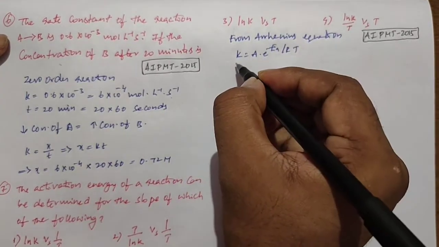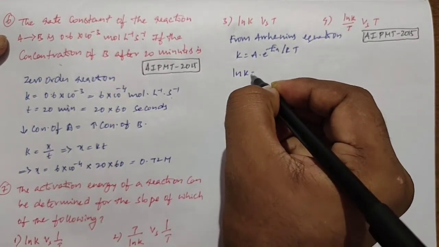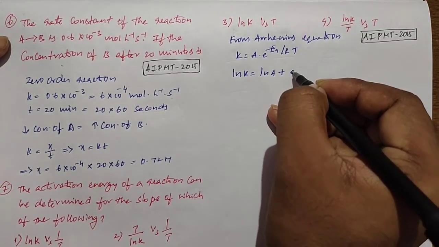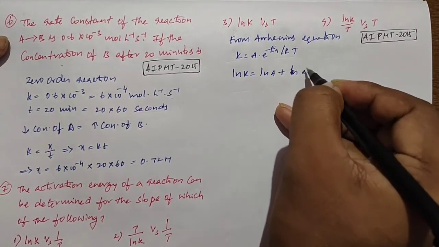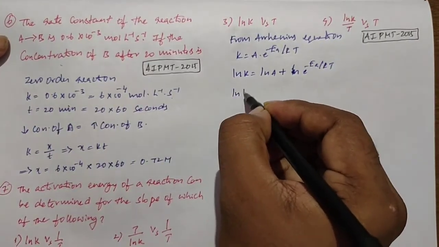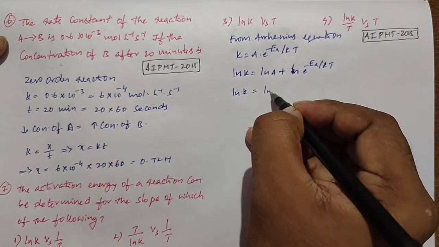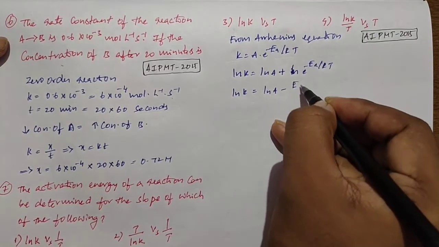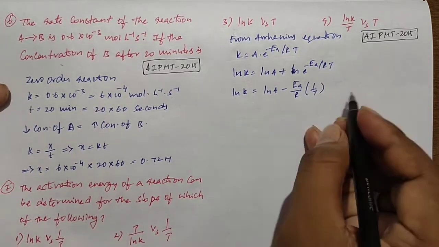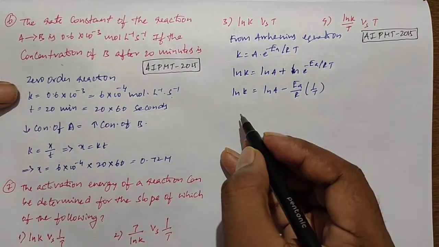After applying ln on both sides, we get ln k is equal to ln A plus ln e power minus Ea by RT. After simplification, we get ln k is equal to ln A minus Ea by R into 1 by T. So compare this equation with y is equal to mx plus c.